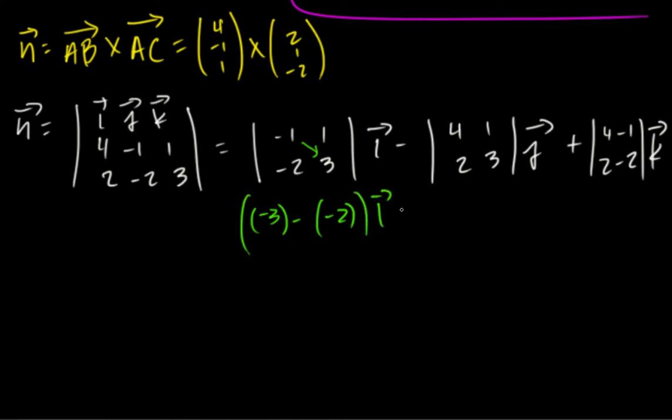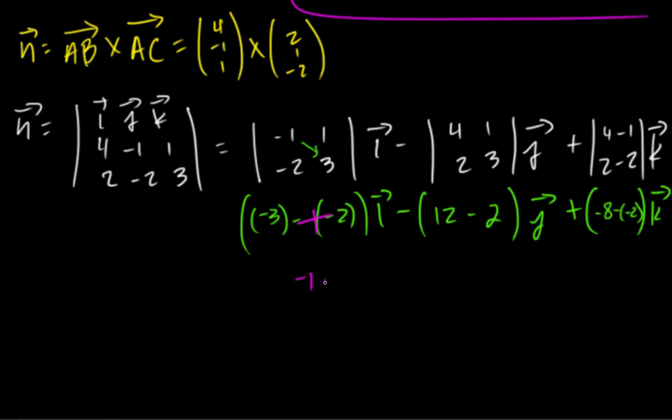That's our i, minus j plus k. 12 minus 2, negative 8 minus negative 2. All right, that's going to be a plus sign. Overall, that's negative 1 i. And then here we're going to get minus, overall this is 10 j. Add those together, we get negative 6k.